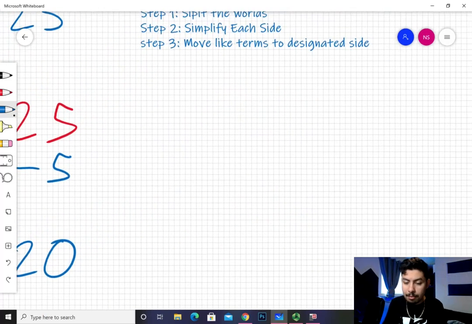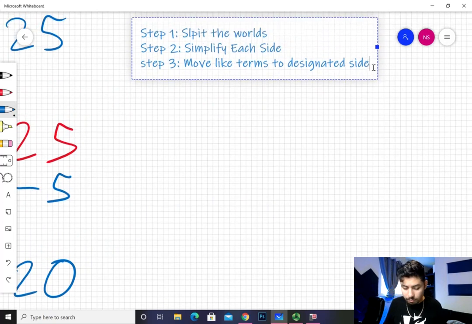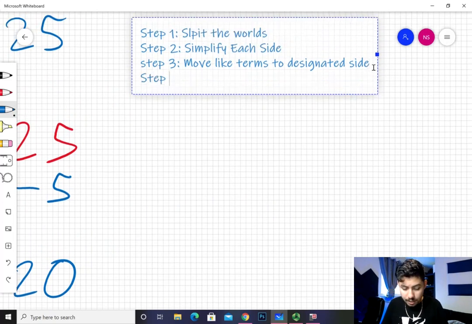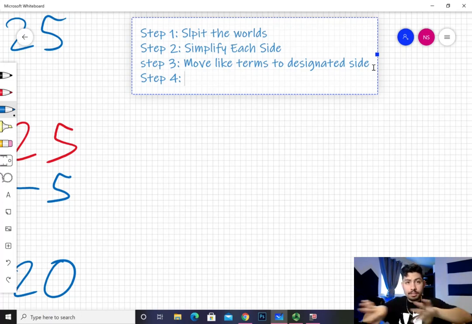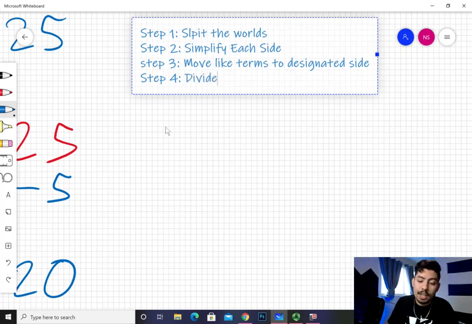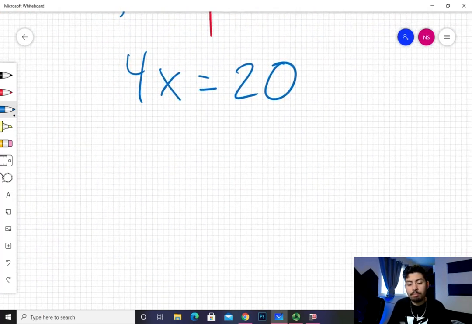So, my friends, step number 4. Step 4, I think that's the last one, this is always going to be your final step. Once you've moved your like terms to its designated side, polynomials on one side, numbers on the other side, you are always going to divide. This was straight from the one-step equation problems.